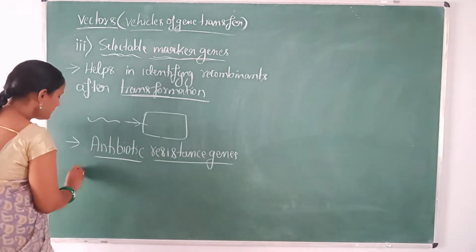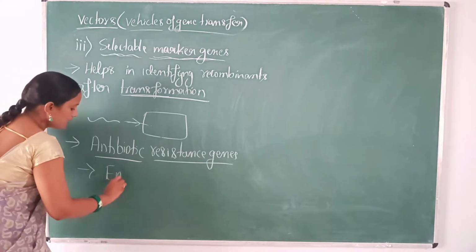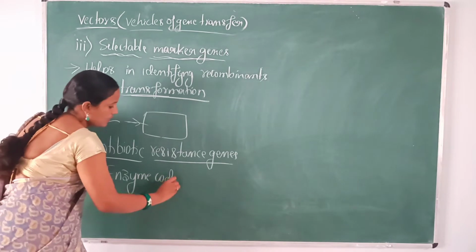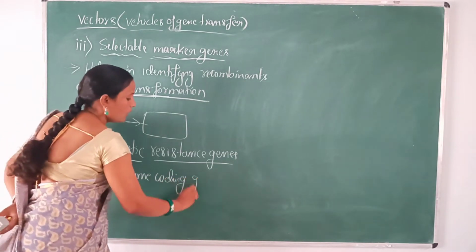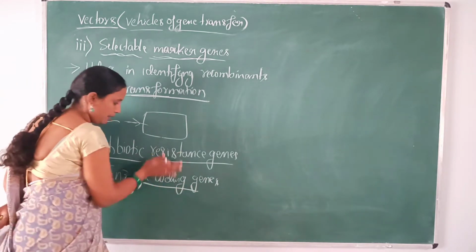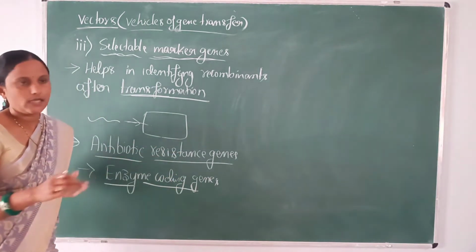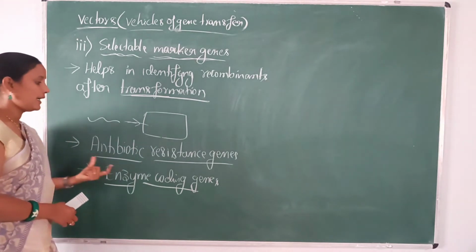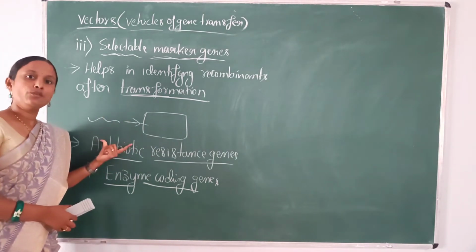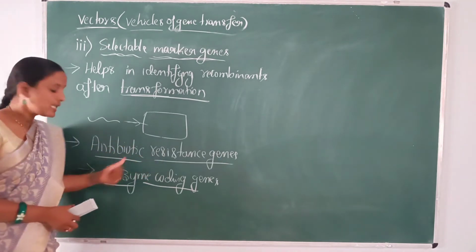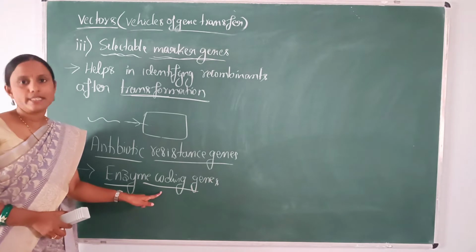Apart from this, enzyme coding genes are also used as selectable marker genes. We shall discuss a little further how it is possible to select. So the commonly used selectable marker genes are antibiotic resistance genes and enzyme coding genes.